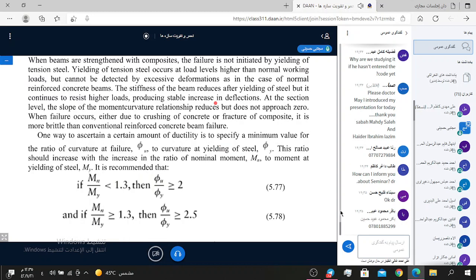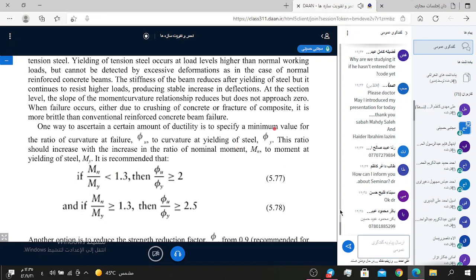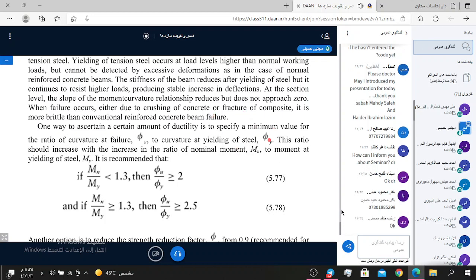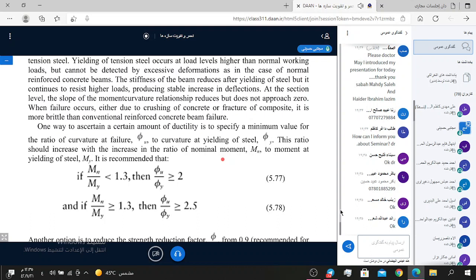Okay, for ductility we need the curvature at yielding of steel, and we must check the ratio of ultimate curvature to yield curvature.